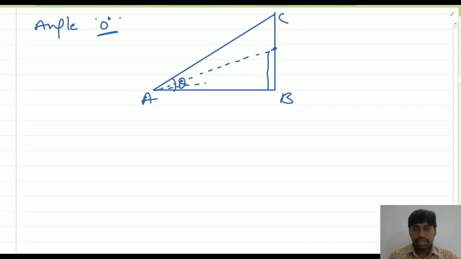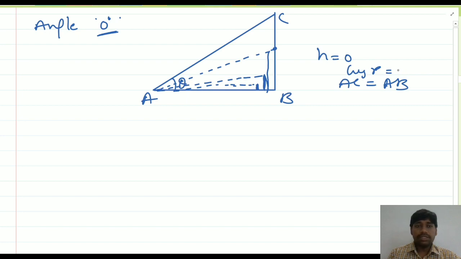If I still decrease, the height decreases. Still if I decrease the height, it keeps becoming smaller. So as height becomes 0 for this triangle, then AC, which is equal to AB, that is the hypotenuse, will become the adjacent.